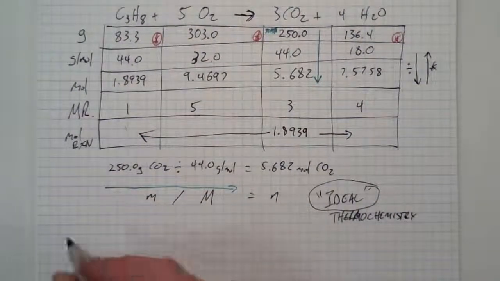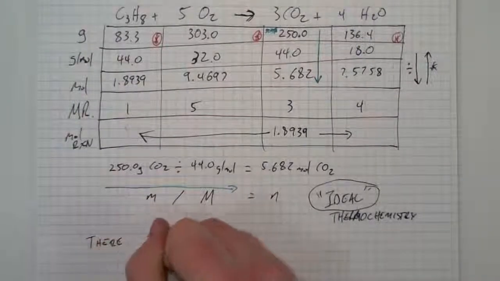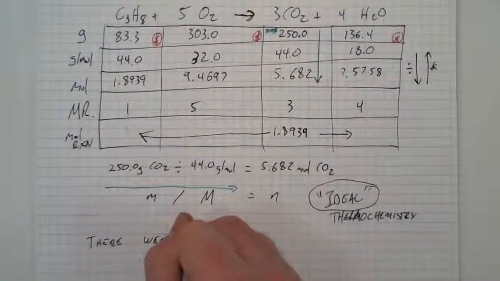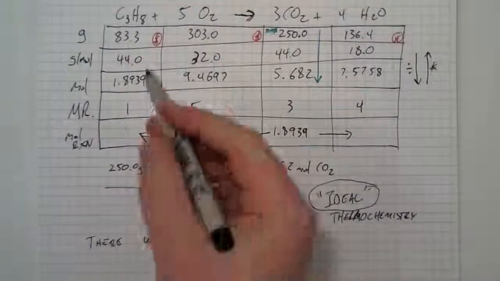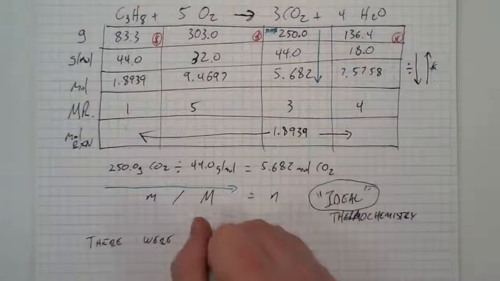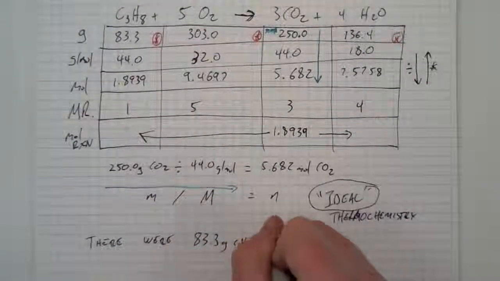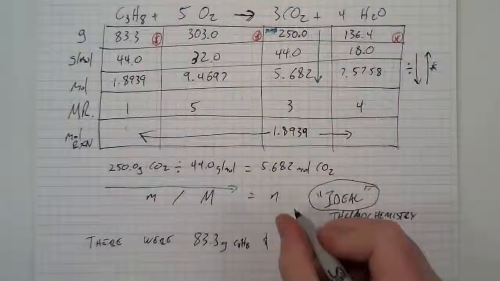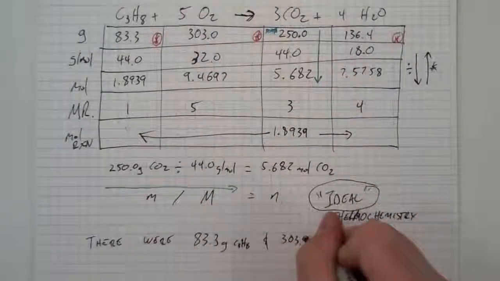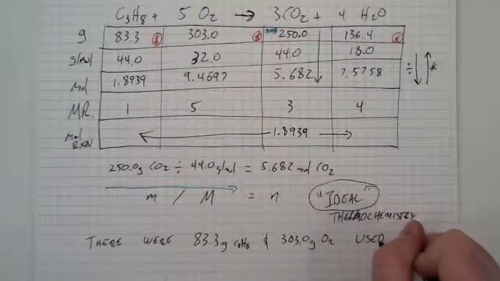So in this case, I would state there were 83.3 grams of propane and 303.0 grams of O2 used.